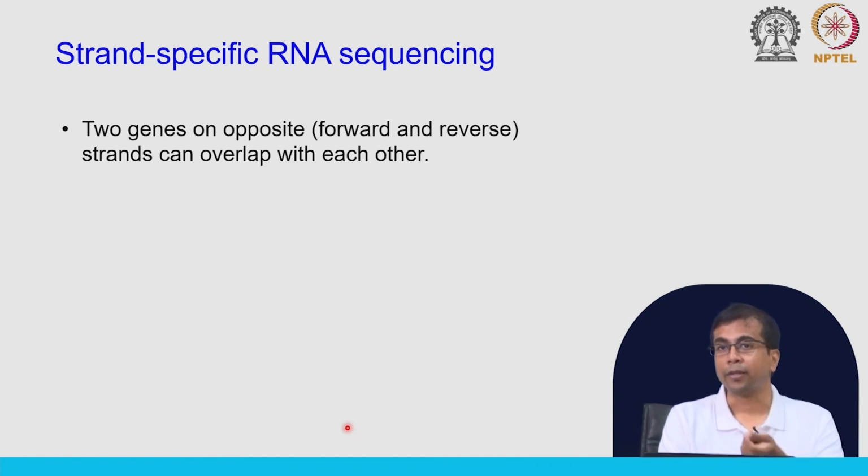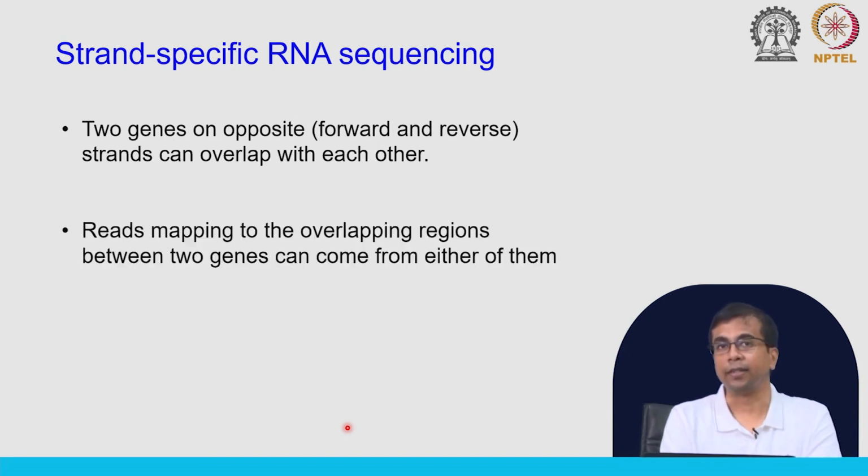Now, which of these two genes is producing these reads? Okay. So, this is something that is very difficult to figure out. If you have this kind of overlapping genes on two different strands in a genome, you cannot tell which gene is producing this mRNA, and you are getting the read data from that expression of that gene. So, this is a challenge.